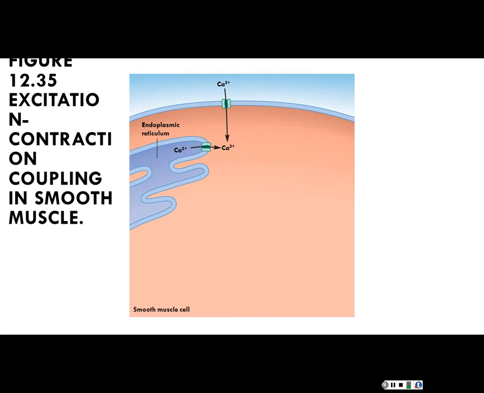Where's the calcium coming from? From the extracellular fluid. What's different about our smooth muscles, the contractile cells, is that the calcium comes extracellular initially. So initially, calcium comes from the extracellular fluid into the intracellular fluid.